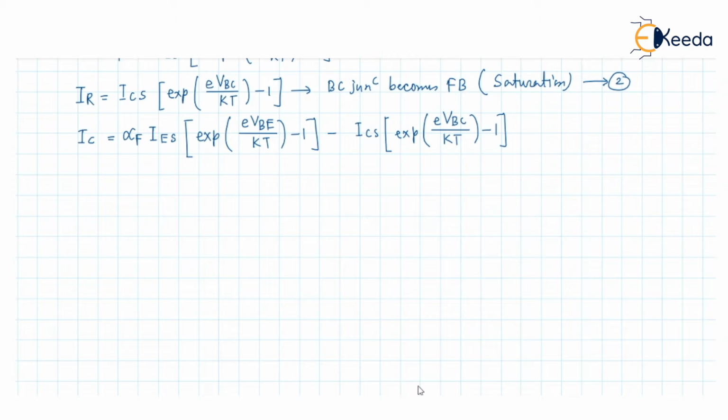We can also write the emitter current IE: IE equals alpha R into IR minus IF.